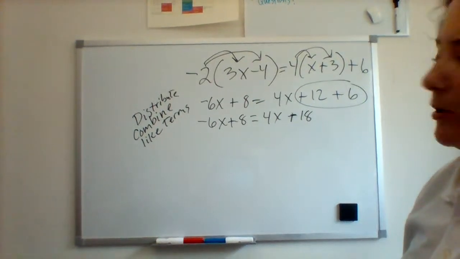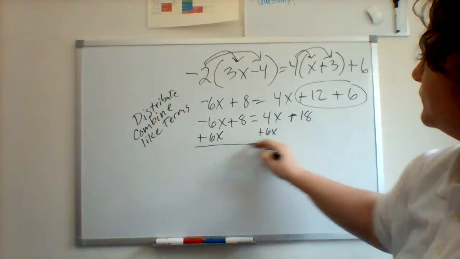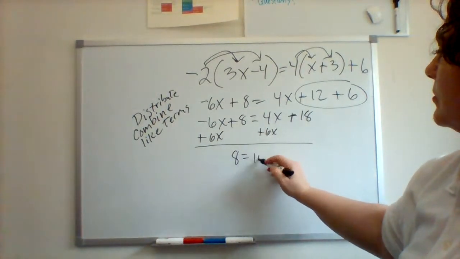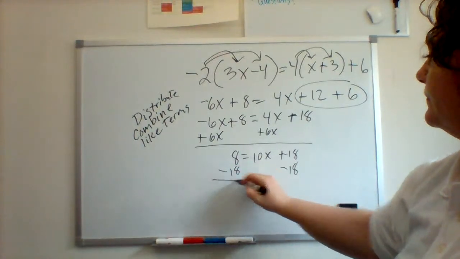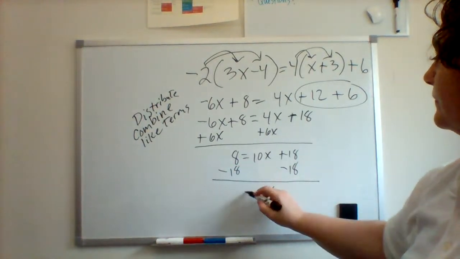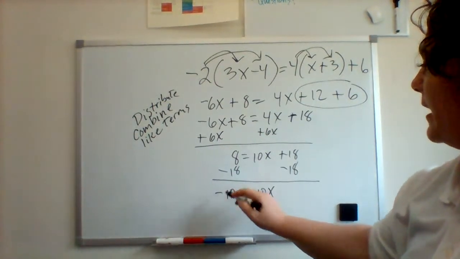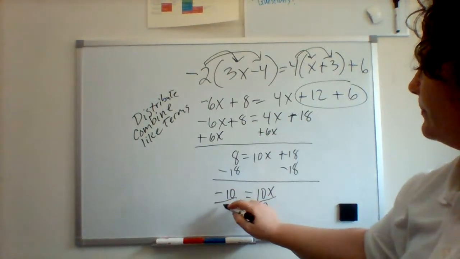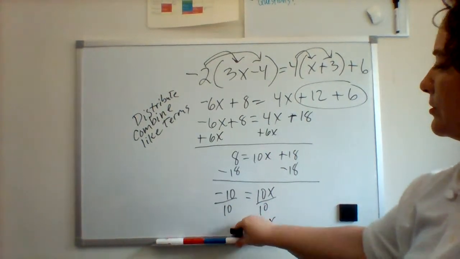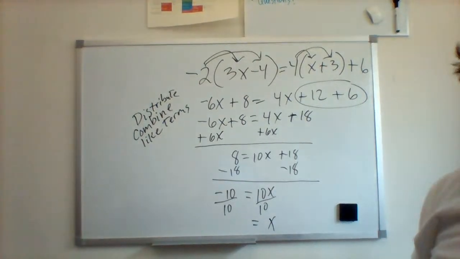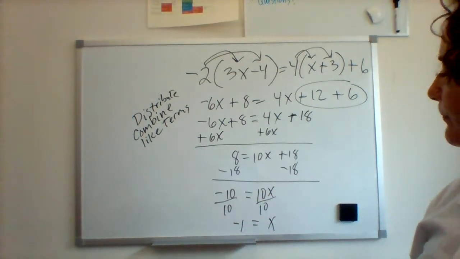And it doesn't matter what you start with. I'll start here. So I have 8 equals 10x plus 18. Eight minus 18 should get a -10. Last step, divide by 10, so that x equals negative 10 divided by 10 is just a negative 1.